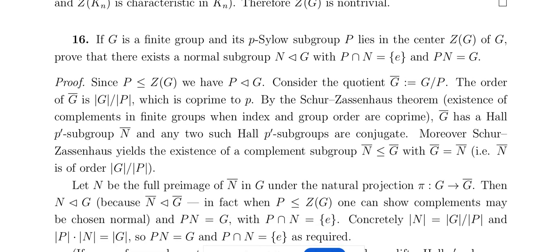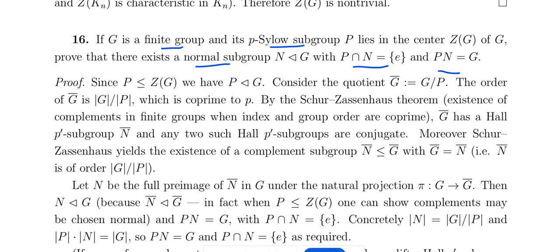That is the same result. G is a finite group and its p Sylow subgroup, capital P, lies in the center Z of G. Then there exists a normal subgroup N of G with P intersection N equal to E, and PN equal to G. So the p Sylow subgroup lies in the center.